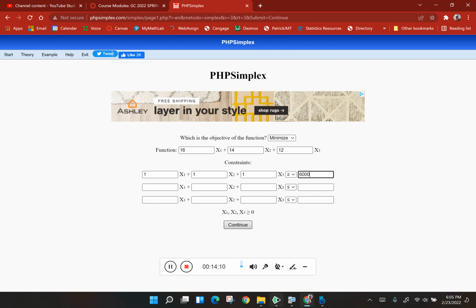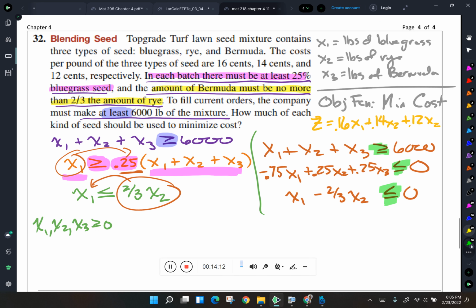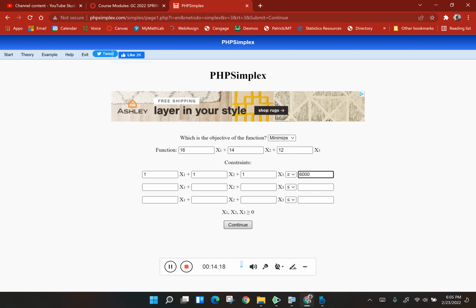My second inequality, that was this one. Negative 0.75, 0.25, 0.25, and less than or equal to 0.